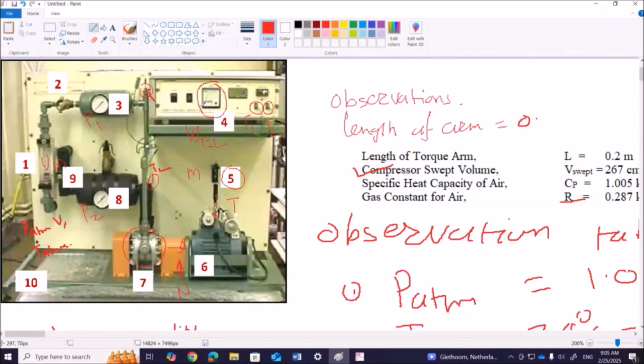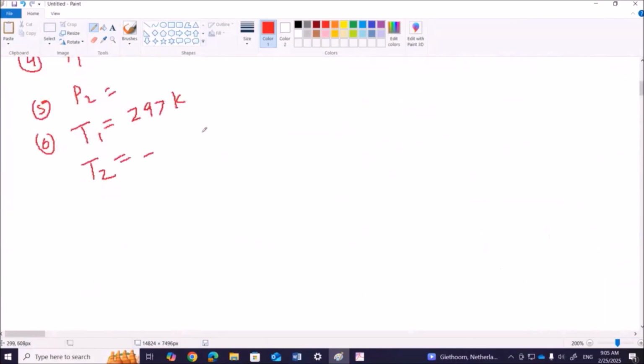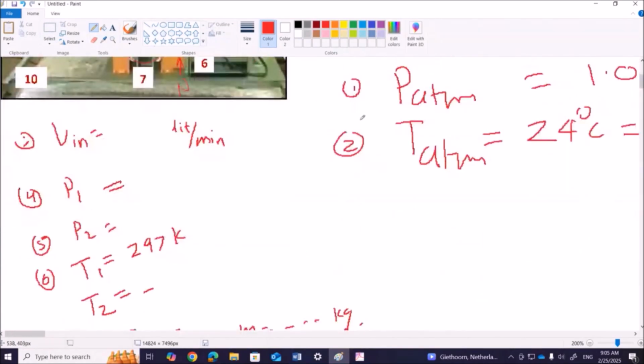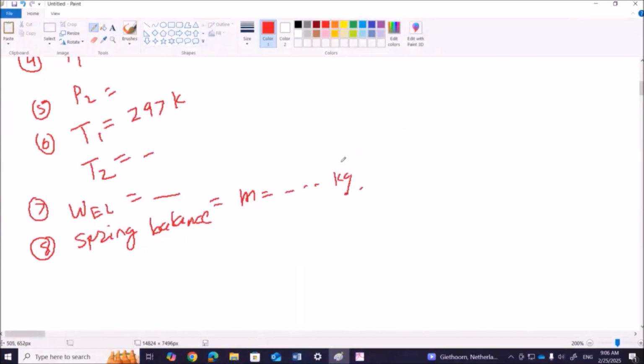Then electric consumption WEL we need to measure, and lastly a spring balance M we need to measure. So this is the observation table. How many rows do you have to make? 2 rows for symbols, units and particulars, and another 7 or 8 rows for the readings.